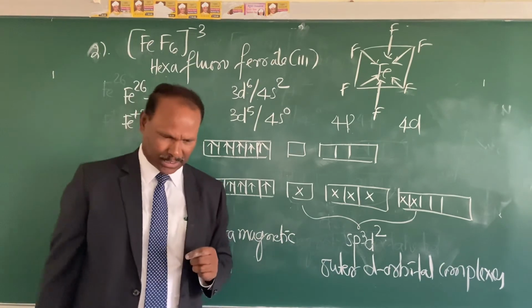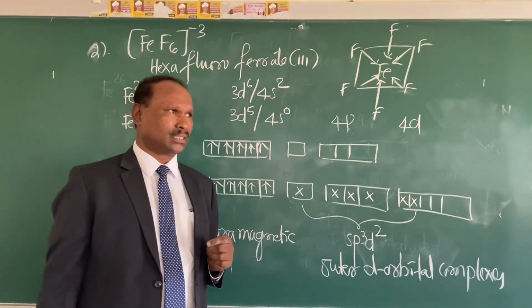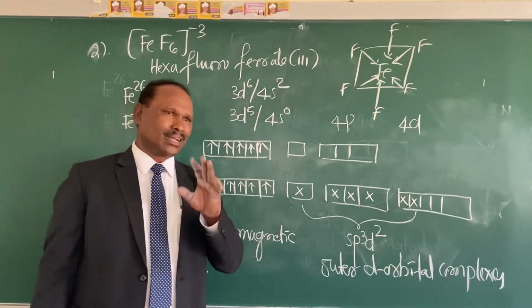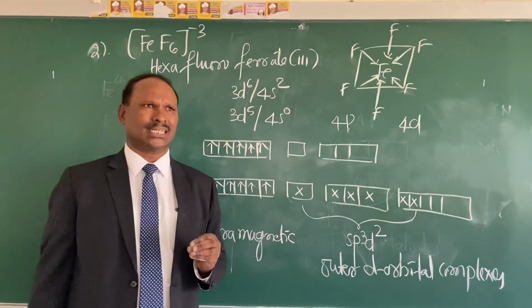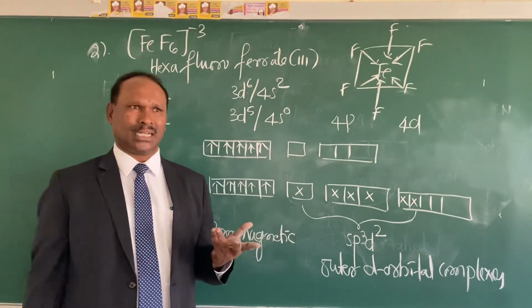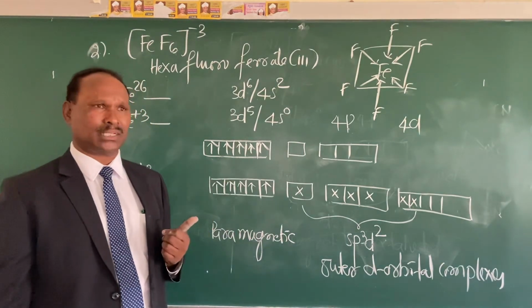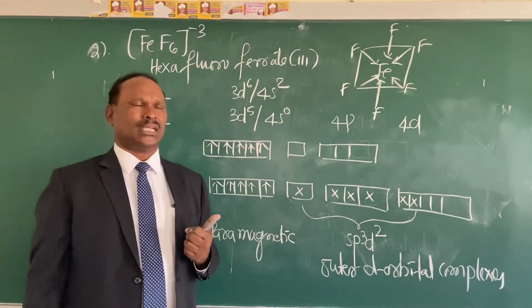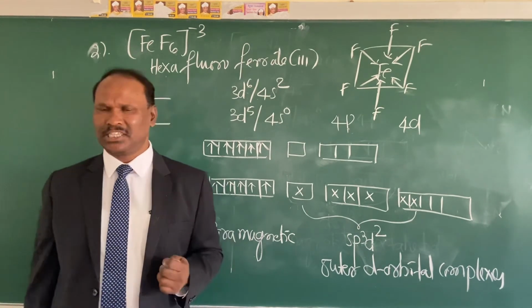Another differentiation between the inner and outer orbital complexes. In the inner orbital complexes, we found that there are only few unpaired electrons. We have seen there was only one unpaired electron in the second complex ion. Therefore, inner orbital complexes are covalent in nature.